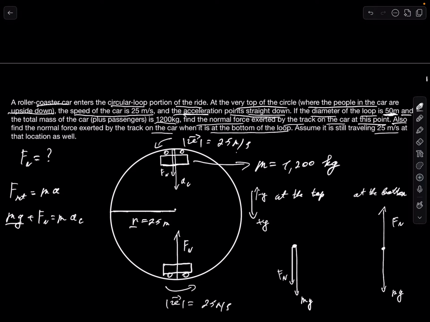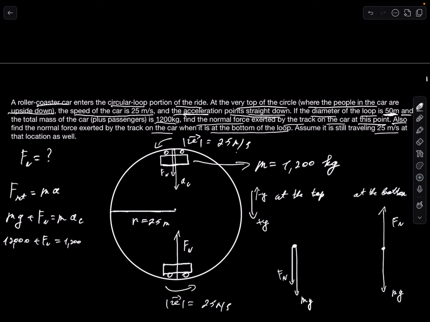So mg, what is mg? M is 1200, g is 10. So we get 12,000, sorry. Plus F normal, which is what we're solving for. Then the mass is again 1200.